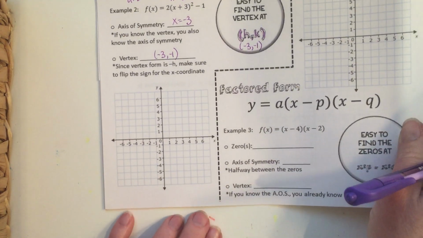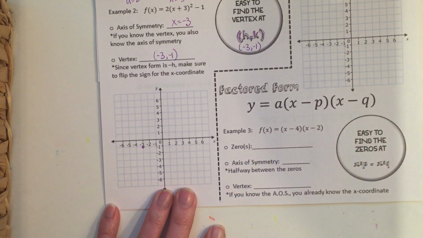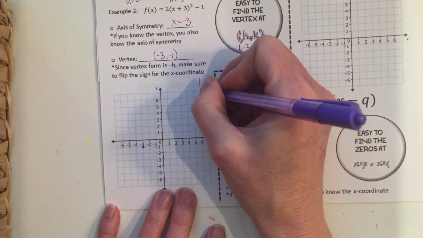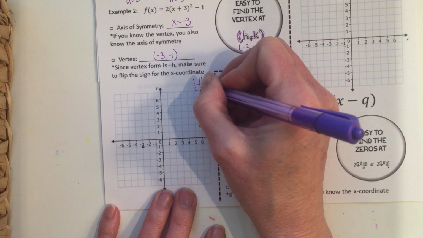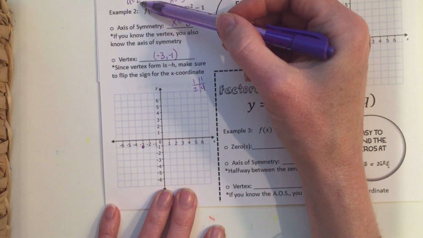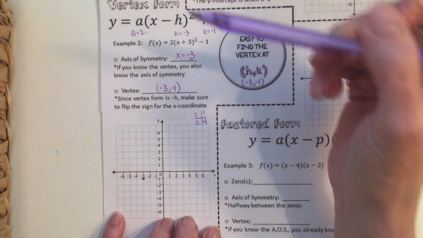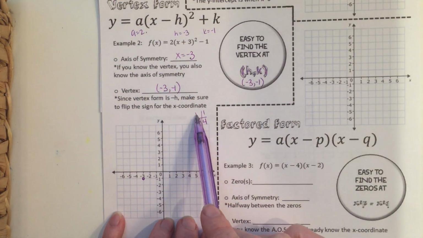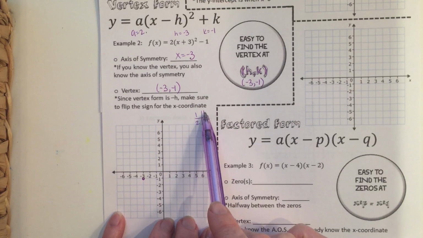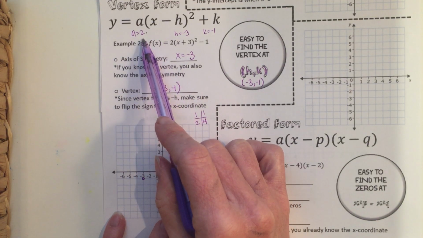So I'm going to go to my graph, and I'm going to graph negative 3, negative 1. So this time, though, my movements are not going to be 1, 1, 2, 4. So this is my movement when my a is 1, or if it's negative 1 and I move downwards. If my a is 2, my x movements are still 1 and 2, but my y movements have to double because my a is double.